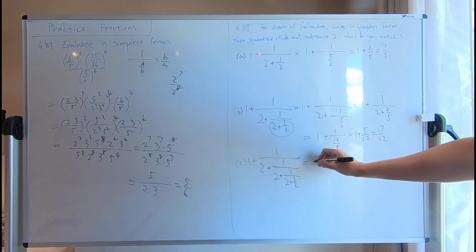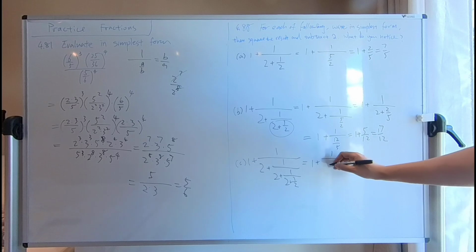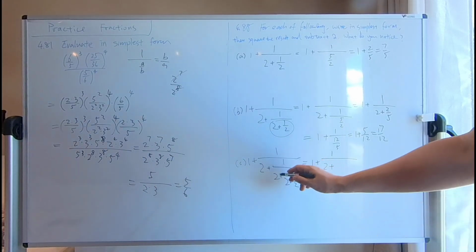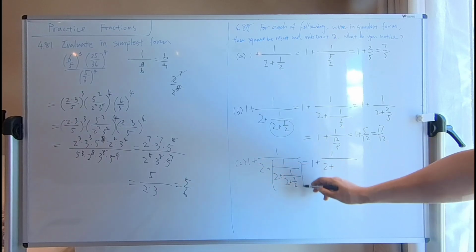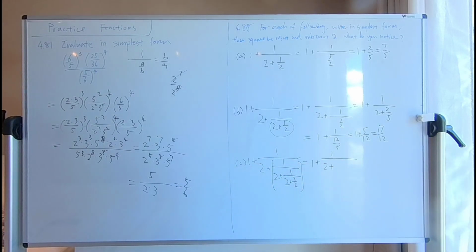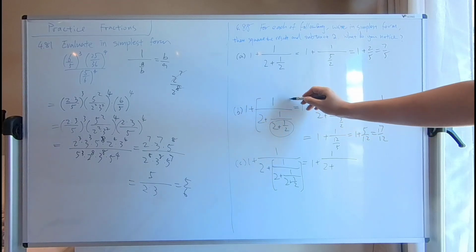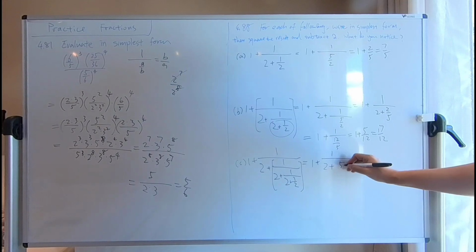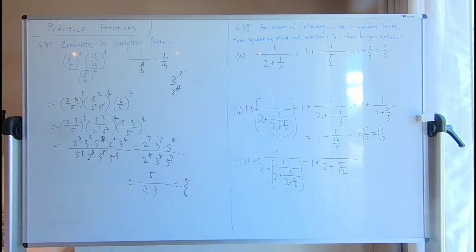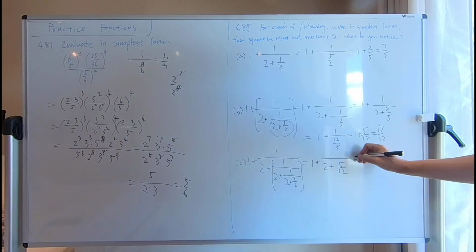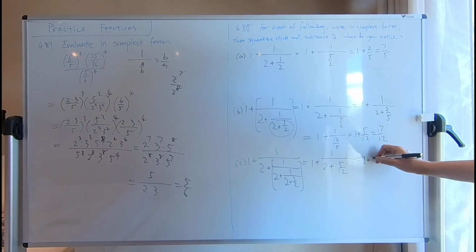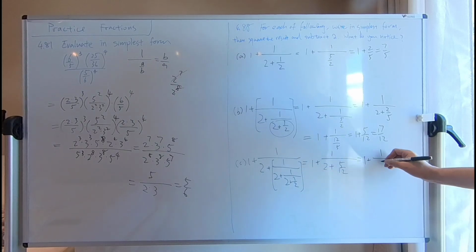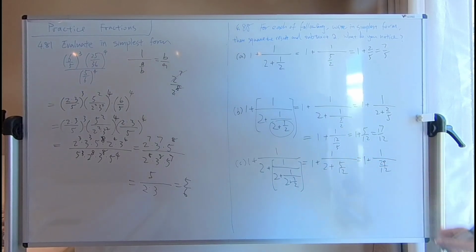Okay, the last one, 1 plus 1 over 2 plus... this I have just calculated. You can still do the calculation one by one, but I have just calculated this here, which is 5 over 12. So just taking a shortcut of what I just calculated, this is 1 plus 24 over 12. 24 plus 5 is 29, right?